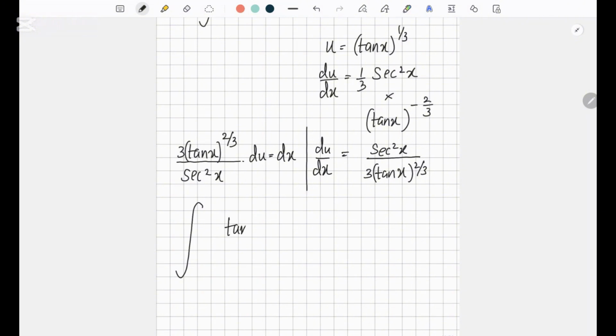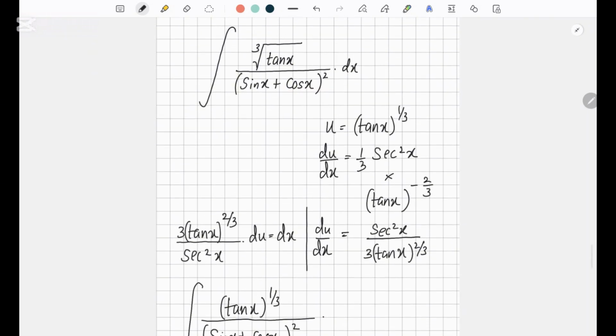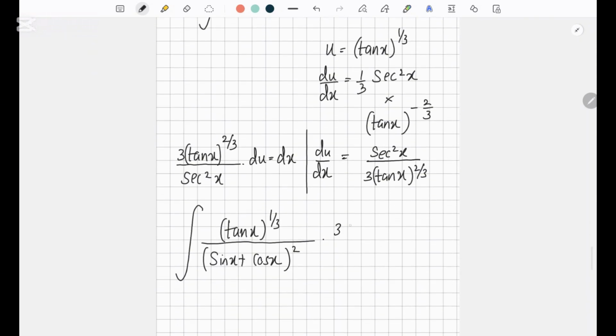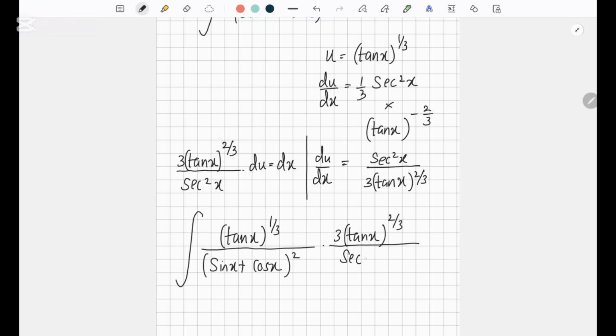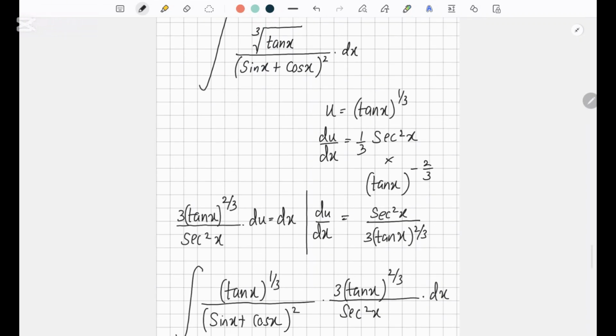Your numerator is tan x to the power 1 over 3 over (sin x plus cos x) in brackets to the power 2. Instead of dx, I'm going to write 3 tan x to the power 2 over 3 over sec squared x dot dx, right?